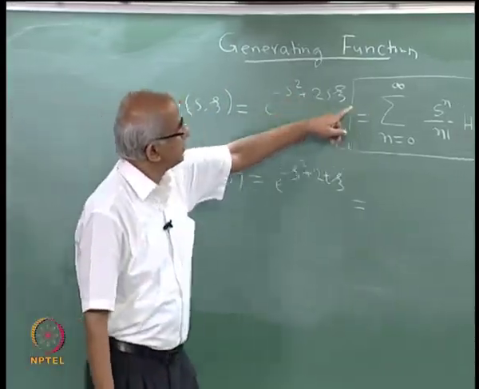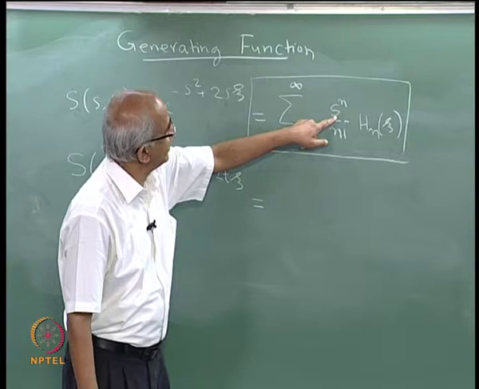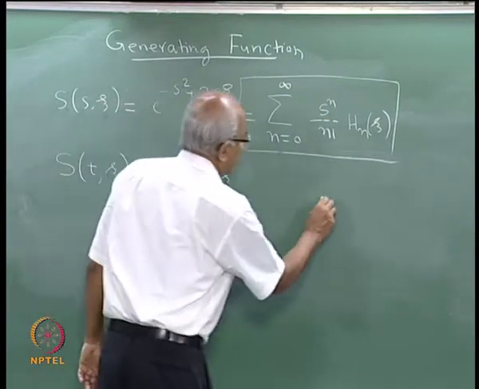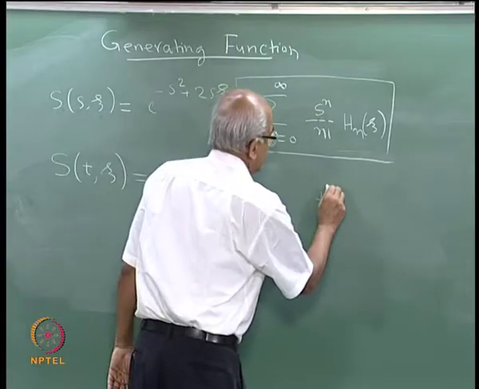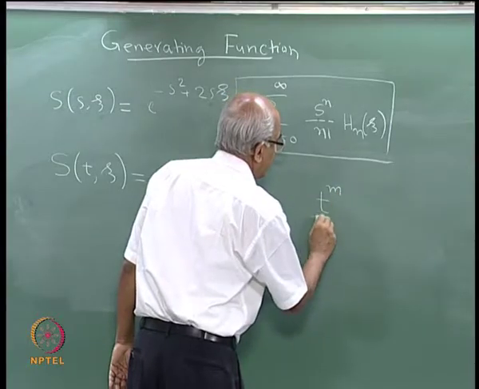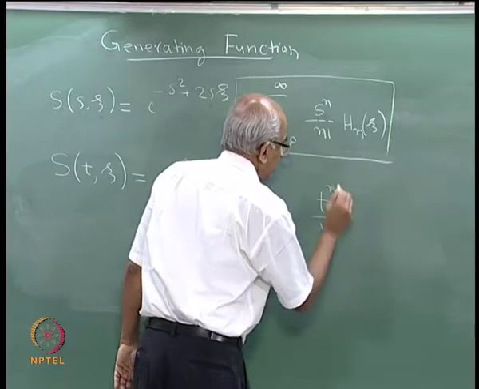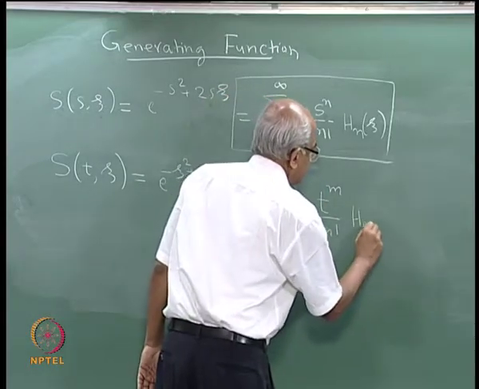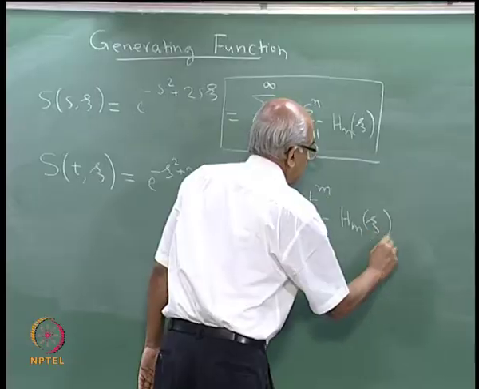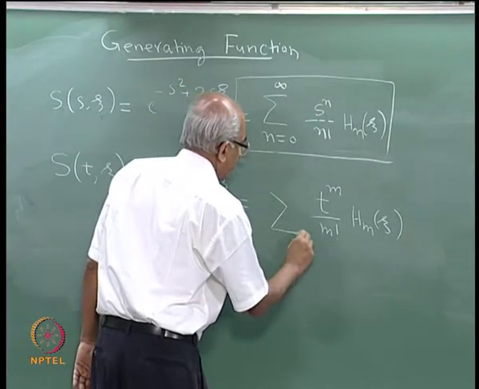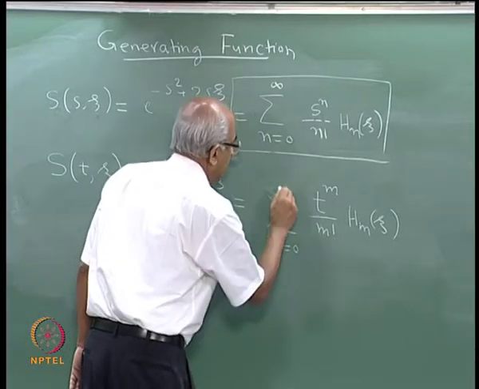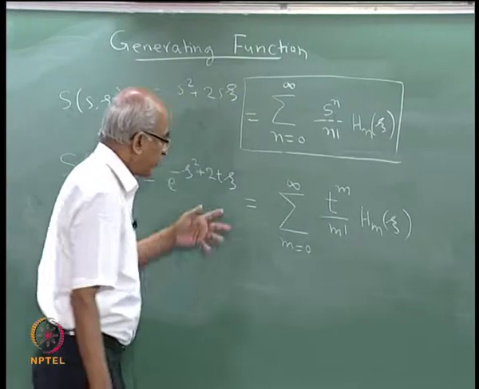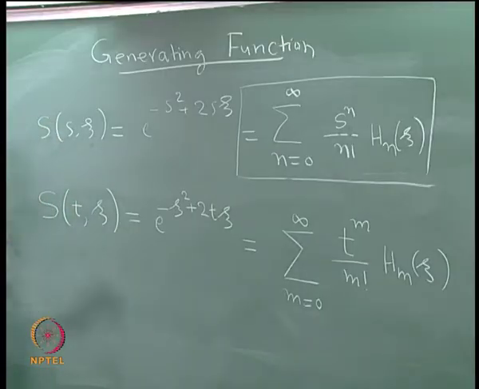Earlier the expansion involved a power series in s, but now it will involve a power series in t, and what I will do is I will write t to the power of m divided by m factorial multiplied by H m of c, and naturally you will have to sum over all possible values of m which will run from 0 to infinity. And you will find that these two functions as they are written are extremely useful, and we are going to use them.